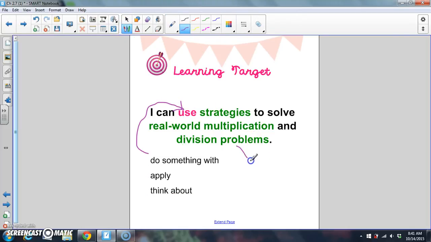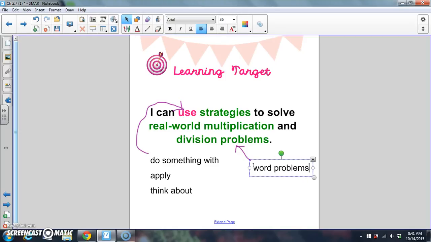I am thinking that we are going to be doing something with word problems. We're probably going to see symbols. We might have to use our multiplication or division symbols and be thinking of full sentence answers.